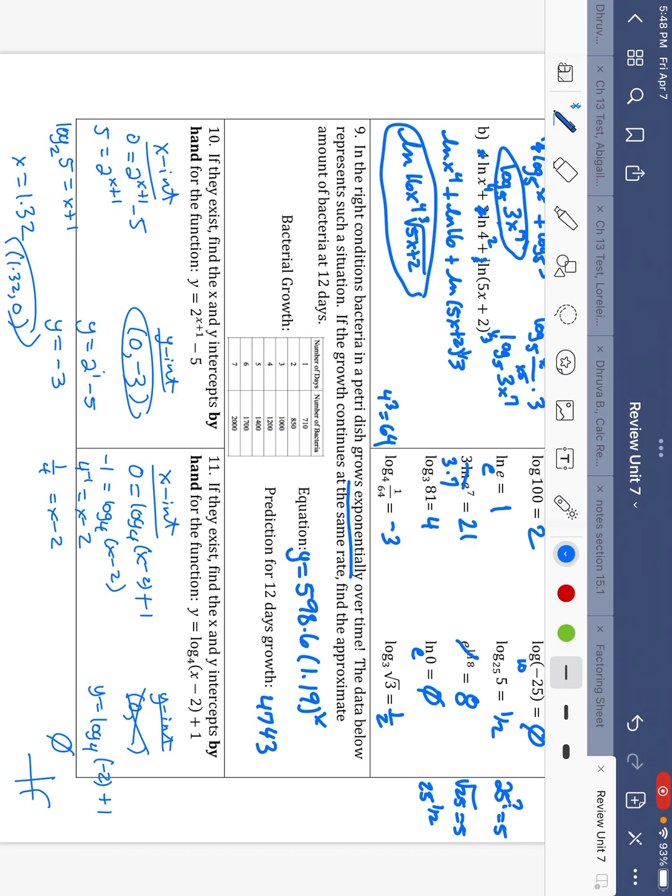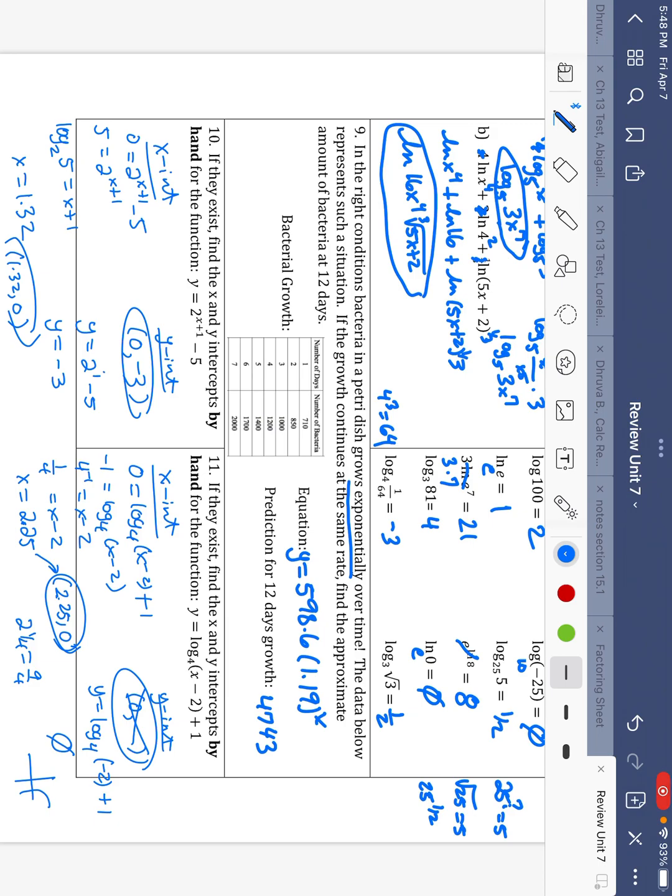You just have to add 2 to both sides, so x would be equal to 2 and 1/4. That's 2.25, or you could write it as 9/4 if you want an improper fraction. But this is good enough. So my x-intercept is 2.25, 0. So x-intercept and no y-intercept.